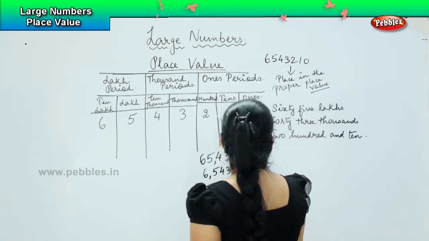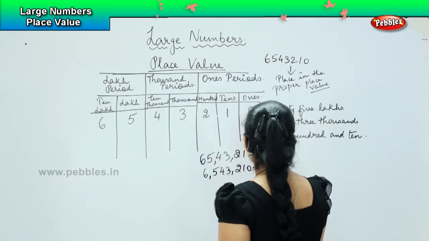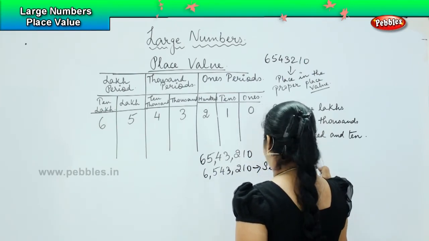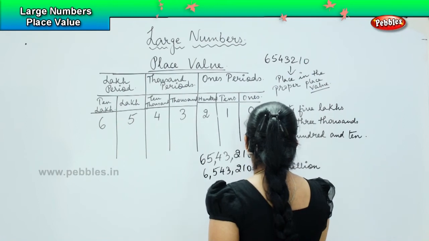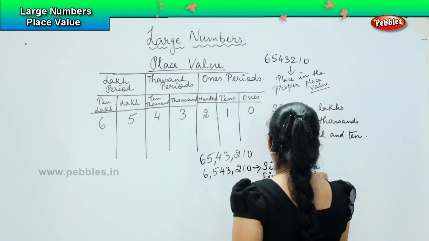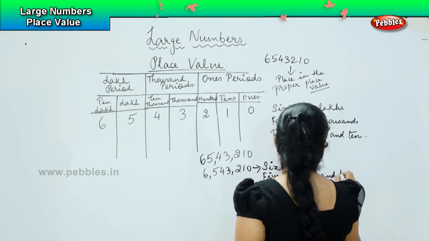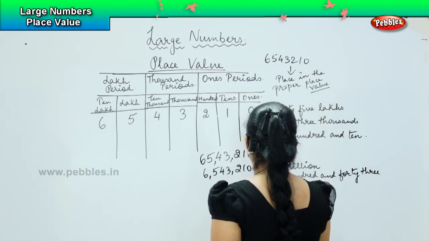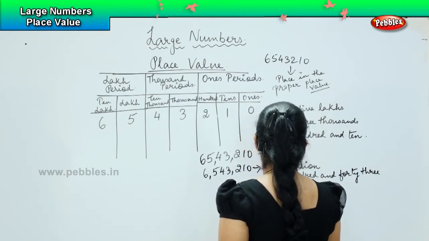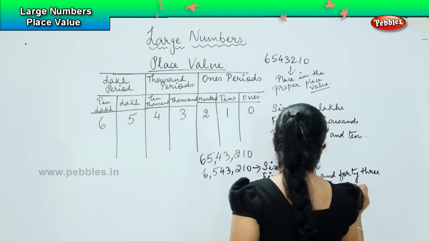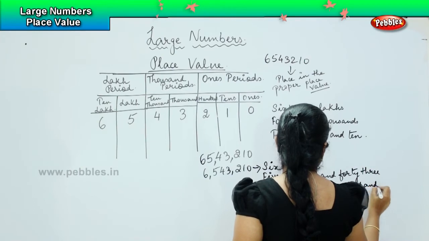Okay. So this will be written as 6,543,210.